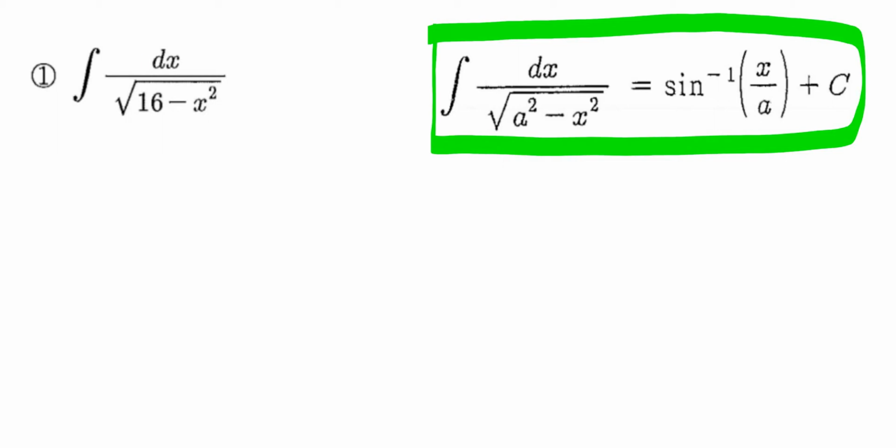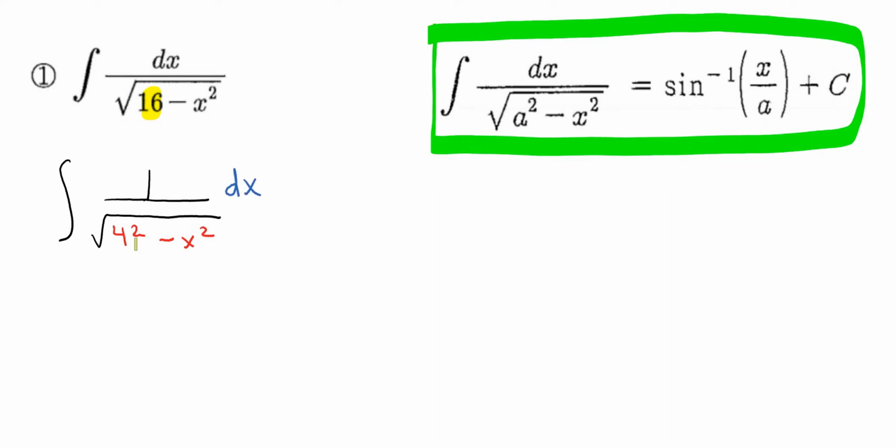All right, so for the very first question here, I noticed that there's a 16 in the denominator inside the square root. So I can definitely rewrite this as 1 over the square root of, now instead of writing 16, I can write that as 4 squared minus x squared times dx.